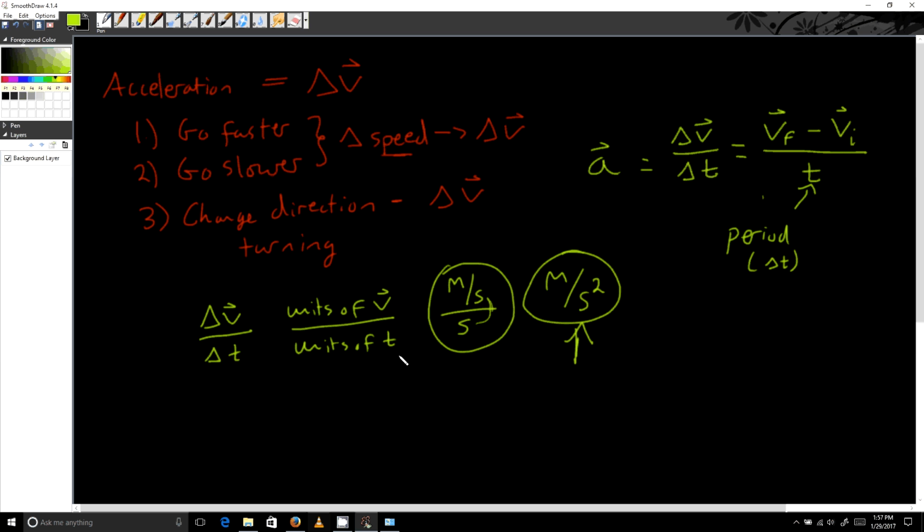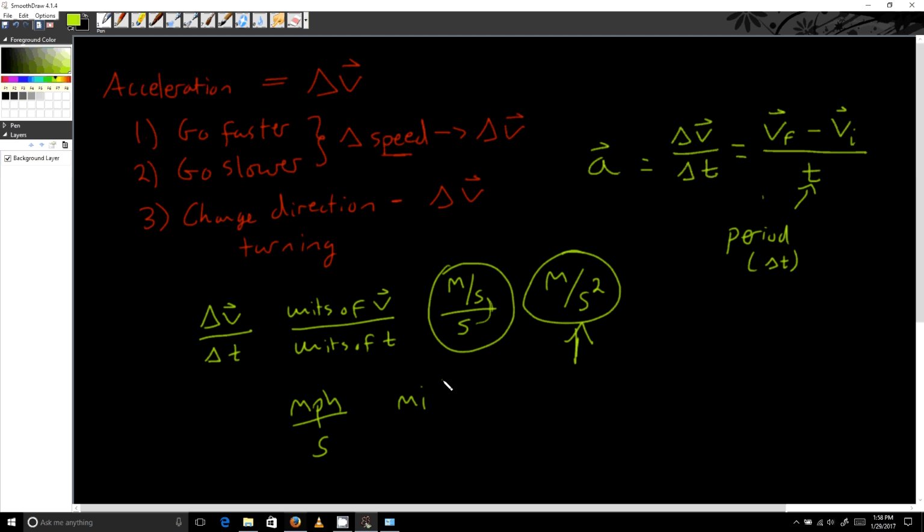However, there are accelerations that don't have the same unit of time. For example, cars. When you're looking at a car, your speed is given in units of miles per hour. But your acceleration takes place over a period of seconds, not hours. And so our unit of time would be seconds. And we wind up with the odd-looking unit, miles per hour per second.